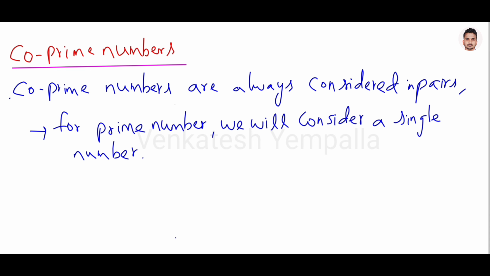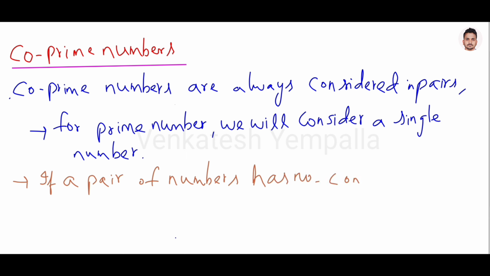Now we will see what co-prime numbers actually are. Co-primes are nothing but a pair of numbers which have no common factor apart from 1. If you take any pair of numbers, they shall not have a common factor other than 1. Let's see an example.